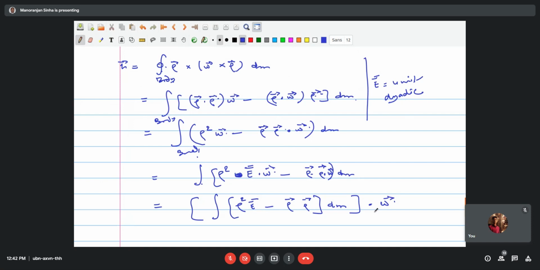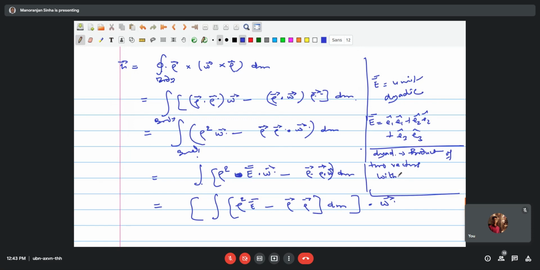So this way we have been able to take out omega outside. And what is unit dyadic? Unit dyadic is written as E1 cap E1 cap plus E2 cap E2 cap plus E3 cap E3 cap. A dyad is a product of two vectors without consideration of dot or cross.